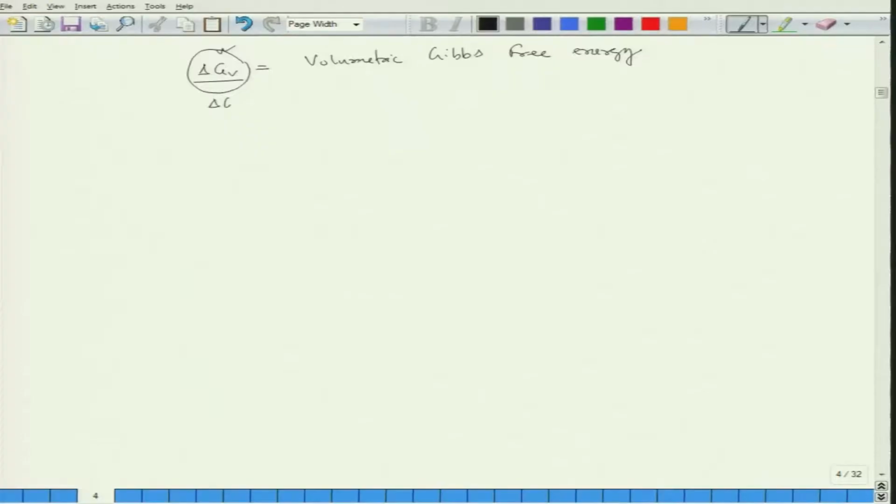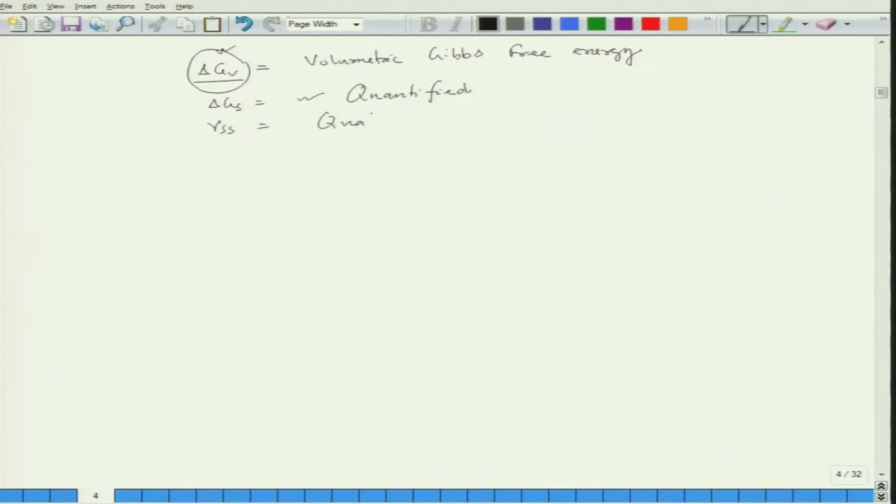Similarly, delta Gs, which is also important, is to be found out from the matching between lattices of the parent and product phase. It has to be quantified. And then gamma SS is also an important aspect which can be found out experimentally.